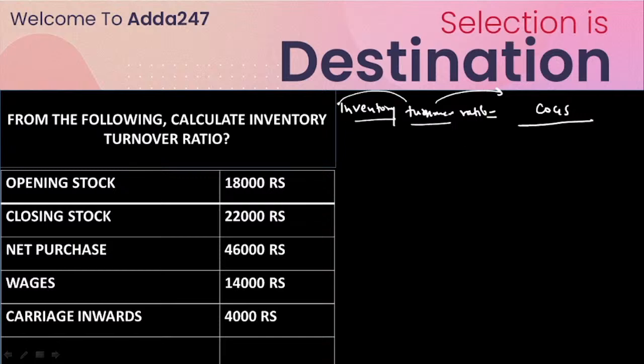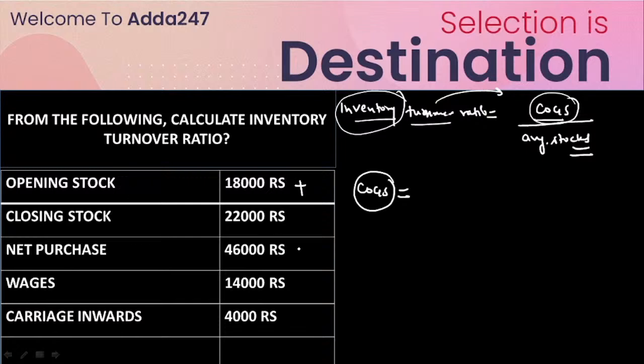Inventory is related to stocks, and stocks are of opening stock as well as closing stock, so we consider average stocks. If we have to find out the cost of goods sold, we know how to derive it. We sum up the opening stock plus purchases plus direct expenses, and minus the closing stock. That's how we calculate the cost of goods sold.